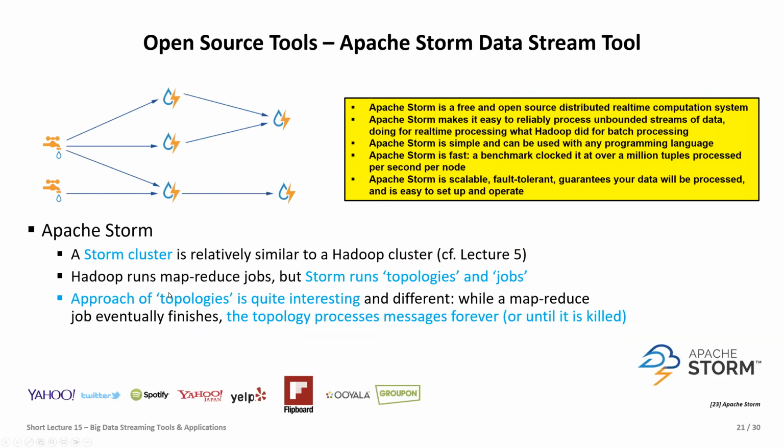And there's also the Apache Storm data stream tool that is relatively similar to the idea of Apache Hadoop. Again, it's designed for doing distributed real-time analysis of these kinds of streams, in a way that you can scale up and scale down, as we already know from Apache Spark.